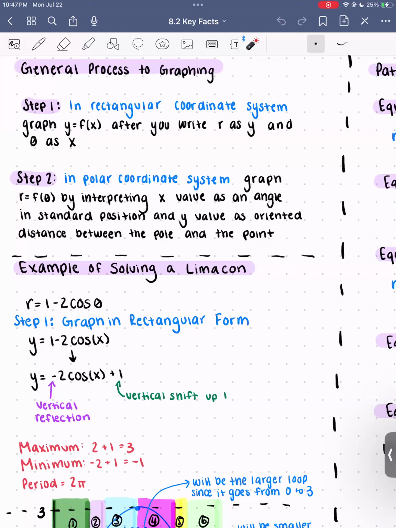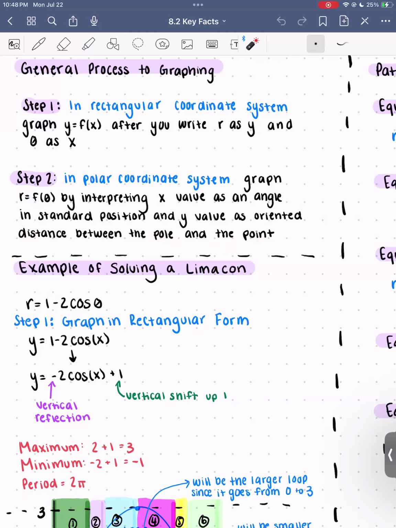Step 2 is in our polar coordinate system. Once we have graphed it in rectangular coordinates, you're going to graph our actual polar graph by interpreting the x value as an angle in standard position and the y value as an oriented distance between the pole and the point.